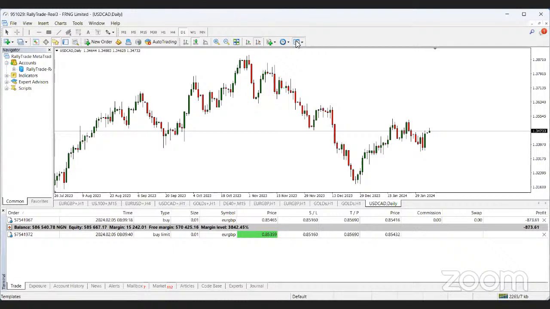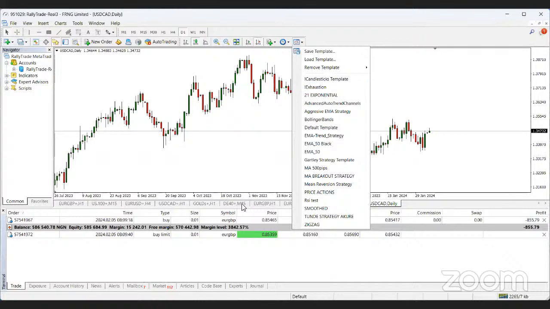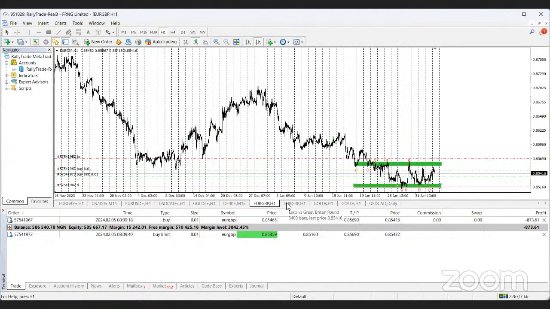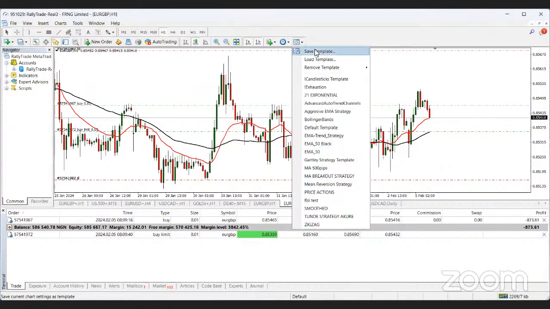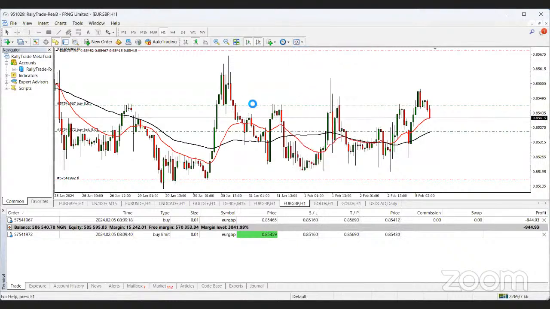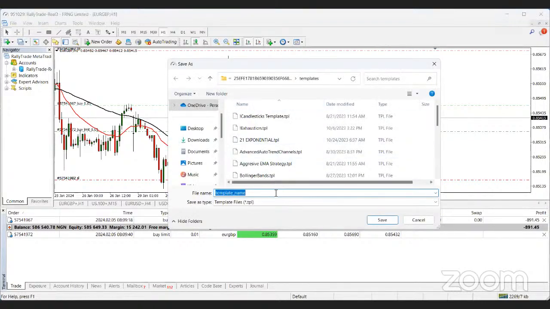Let's find out if it is around our EMA breakout. Okay, so I'm going to just go ahead and carry this.